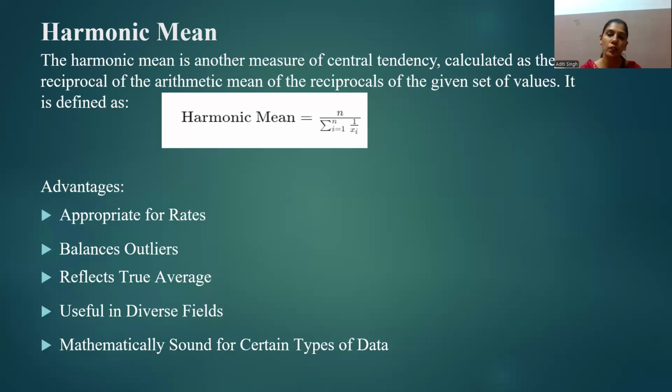It reflects the true value of the average, as it is a more appropriate measure to calculate the average, and it is useful in diverse fields. It is also mathematically sound for certain types of data.